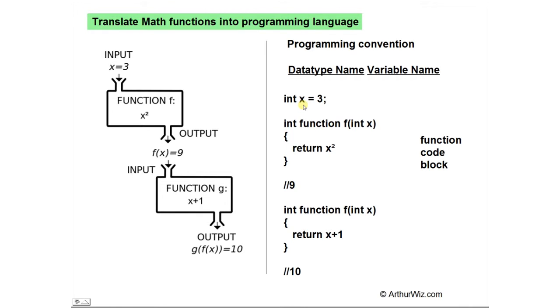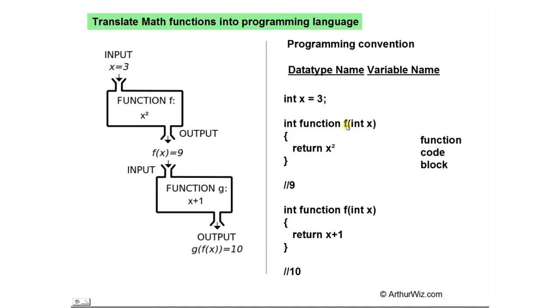And how do we represent a function machine like this? We use curly brackets to hold the function code block, as shown here. So this function name is f, so we put function f.